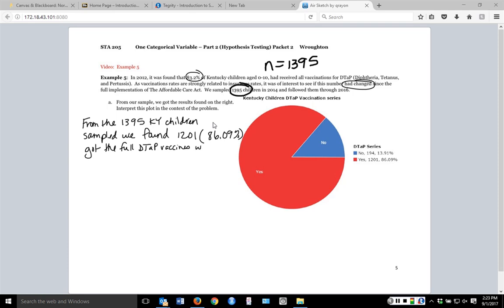While the rest, which was 194 of the children, or 13.91% of them, did not. It was kind of old stuff from just the one categorical variable part 1 notes.